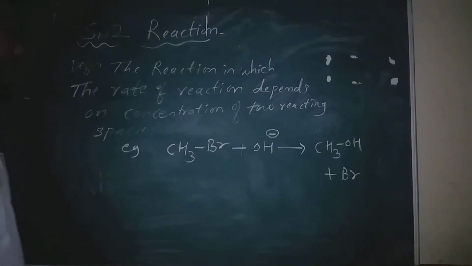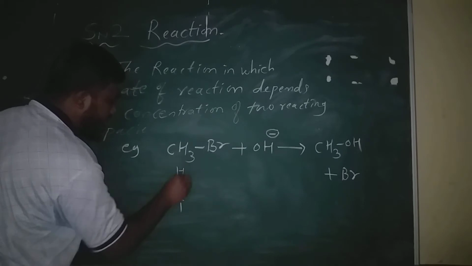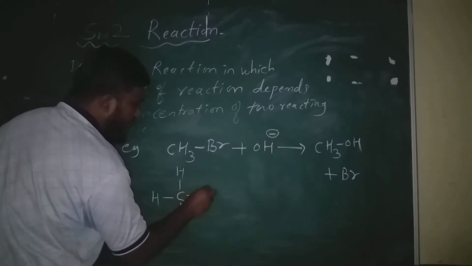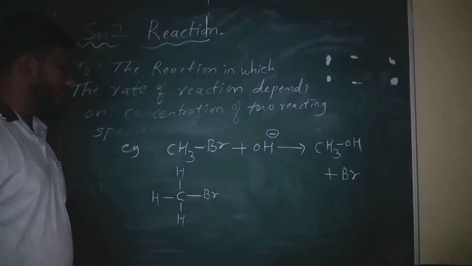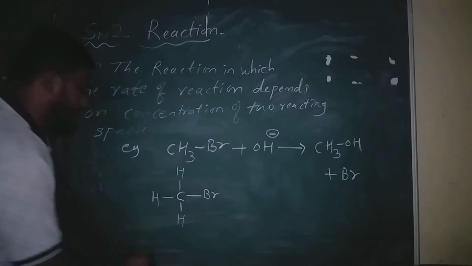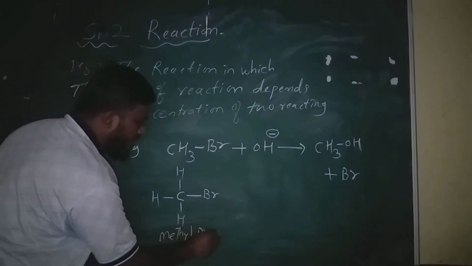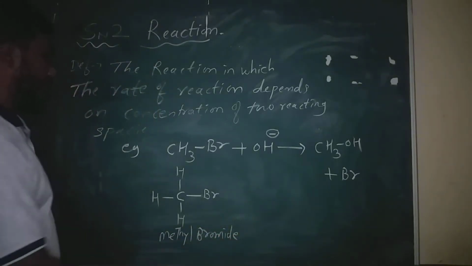Now this reaction we can write like this: C in the center and 3 H, CH3, and it is already attached to Br. What is the name of this compound? Methyl bromide, or bromomethane.